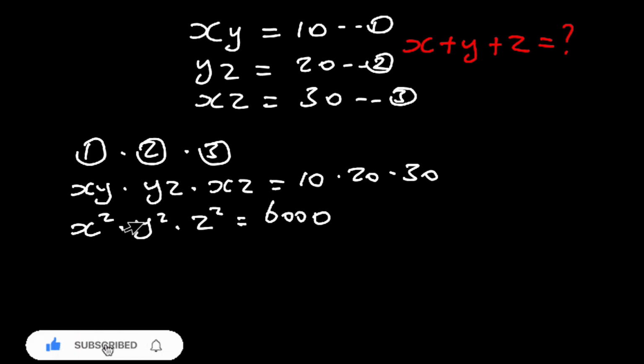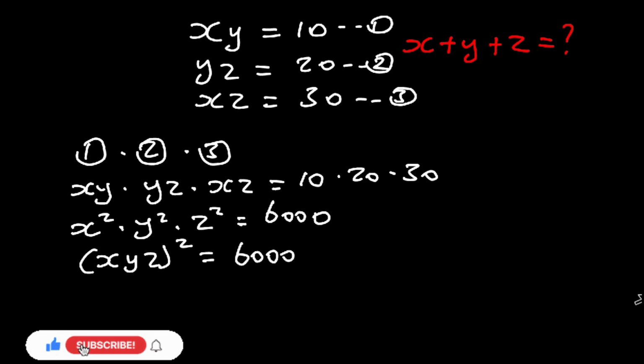So x squared multiplied by y squared multiplied by z squared can also be written as xyz all squared, and this is equal to 6000. To clear this square here, we're going to take the square root of both sides. So this square will cancel this square root.